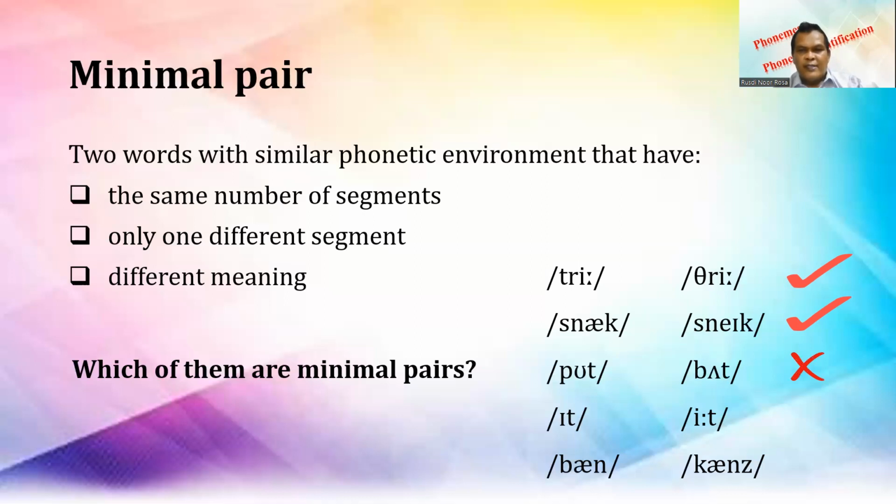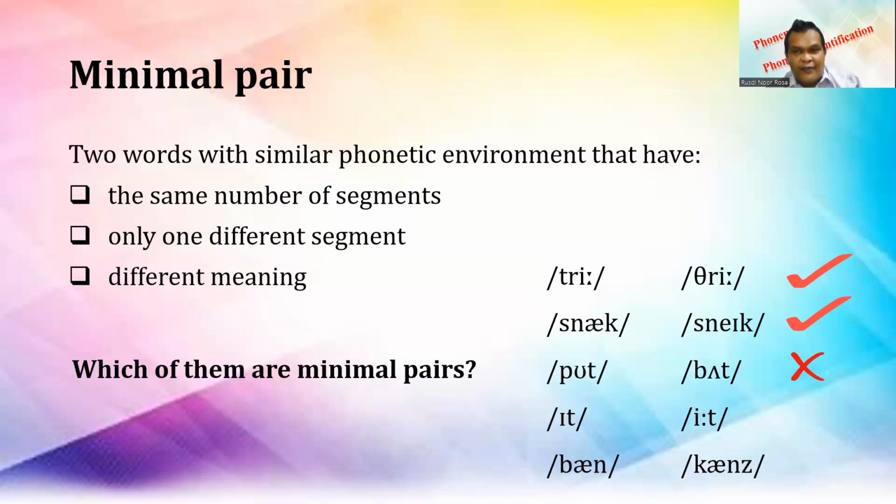The next one is bit and bet. Well, they have the same number of segments. They have only one different segment, and they have different meanings. So we can say that they are a minimal pair. Okay, the last one, Ben and cans.